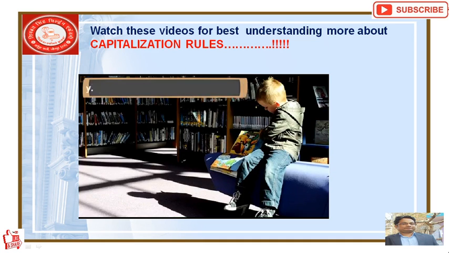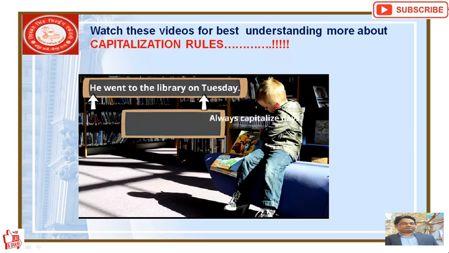Let's look at this sentence. He went to the library on Tuesday. The H with the word he is capitalized because it's at the beginning of the sentence, and the T for Tuesday is capitalized as well because we always capitalize days, months, and holidays.